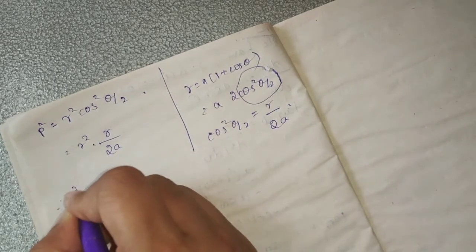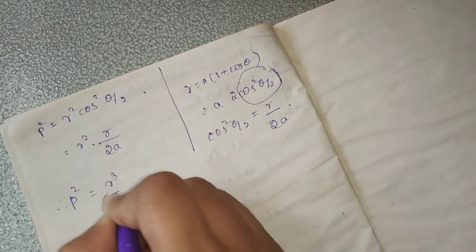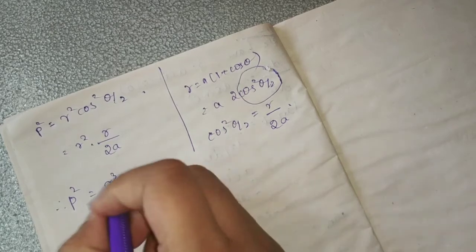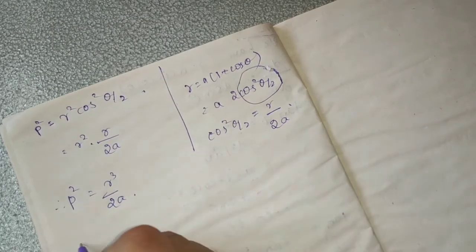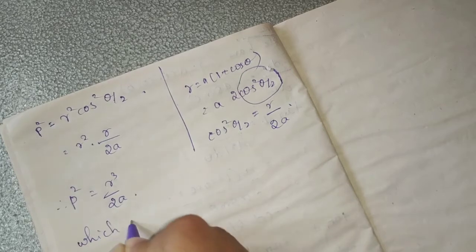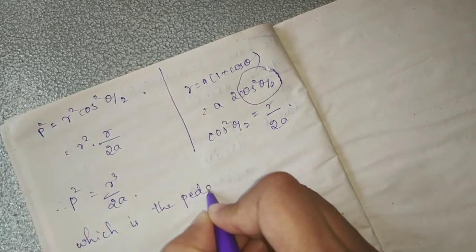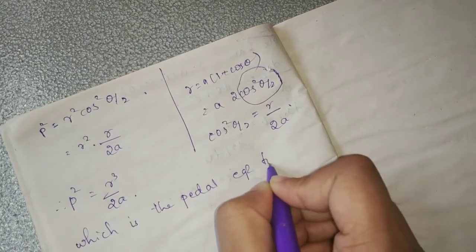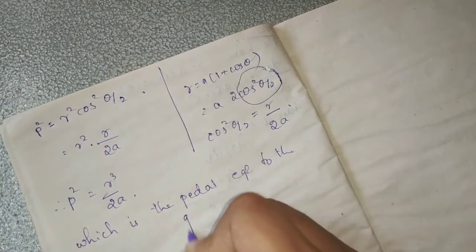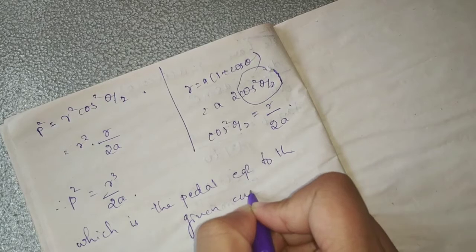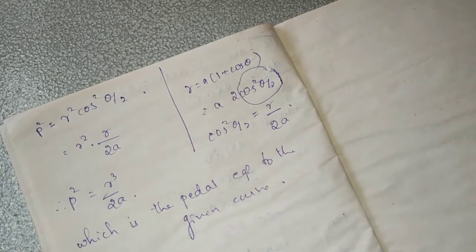Therefore, p square equals r cube divided by 2a, which is the pedal equation to the given curve. We have found the pedal equation.